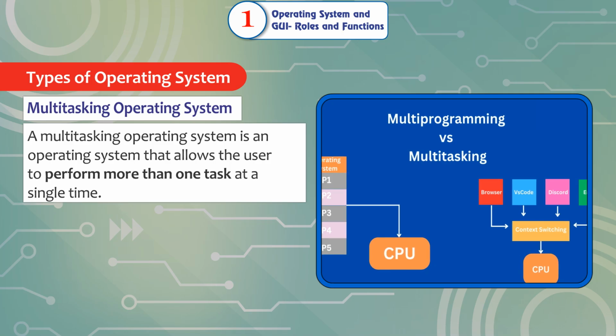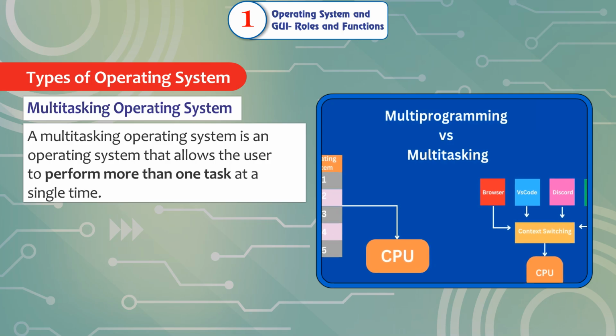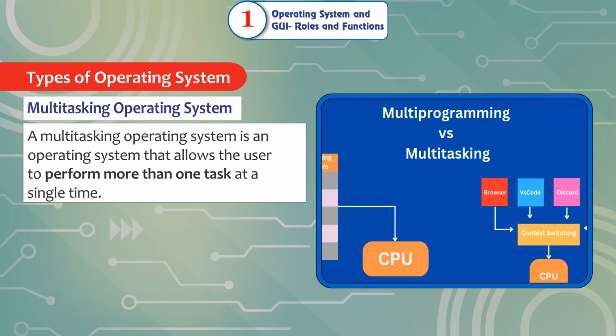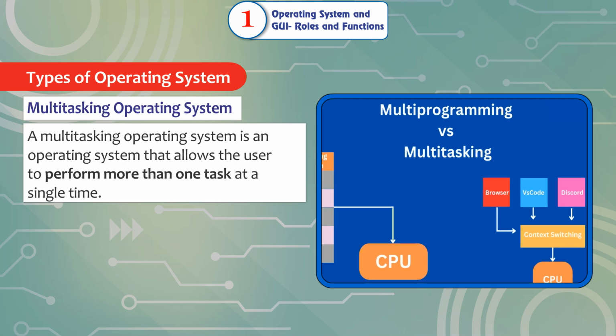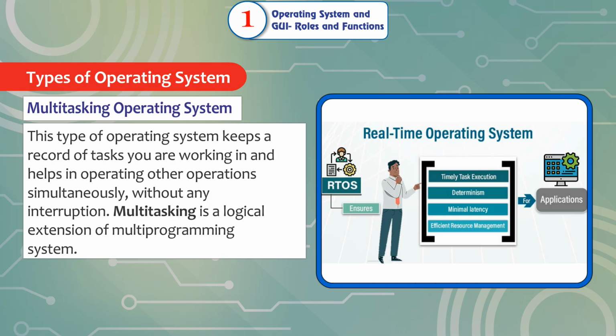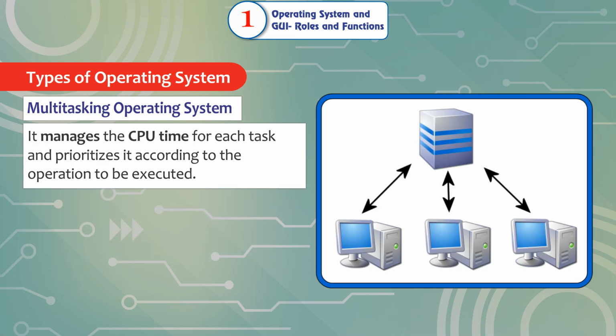Multitasking operating system. A multitasking operating system is an operating system that allows the user to perform more than one task at a single time. This type of operating system keeps a record of the tasks you are working on and helps in operating other tasks simultaneously without any interruption. Multitasking is a logical extension of multi-programming system.